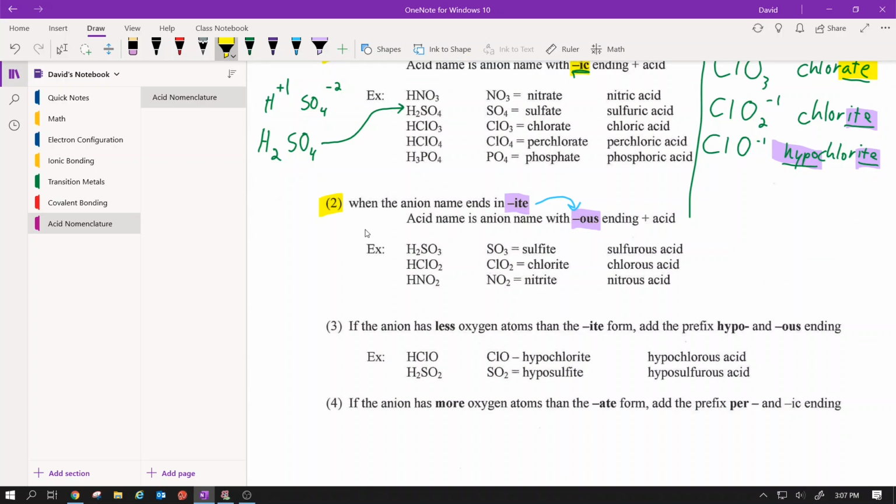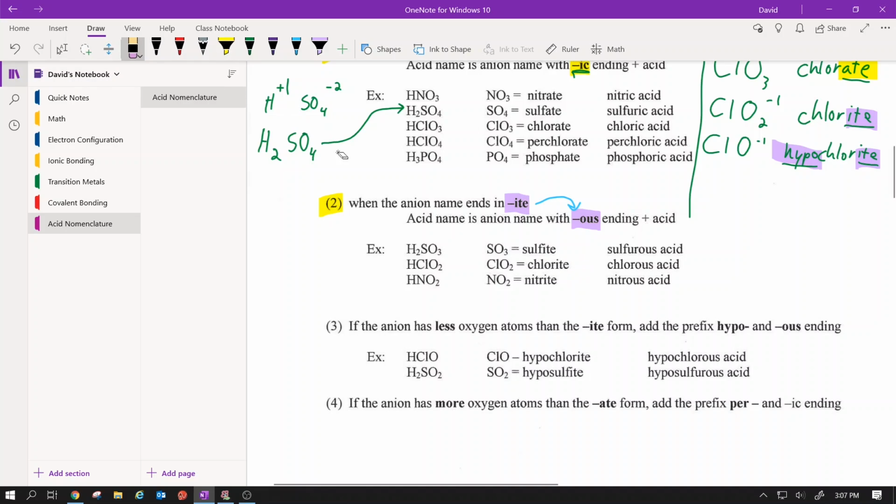And then again, just as we had H2SO4, which was a sulfate, if you look, you'll find that SO3 is a sulfite. Again, ClO2 is a chlorite. NO2 is a nitrite. And all of those things then will just have their ite turned to ous.